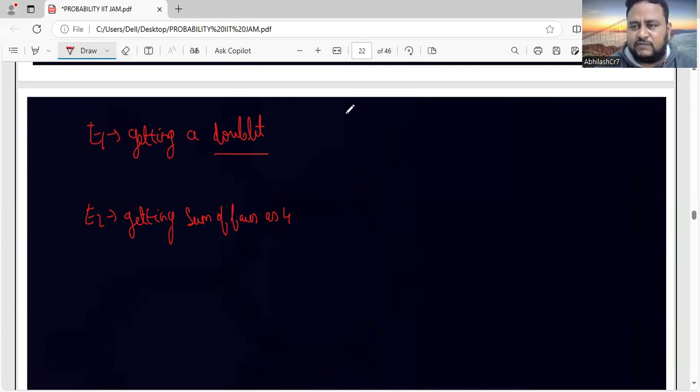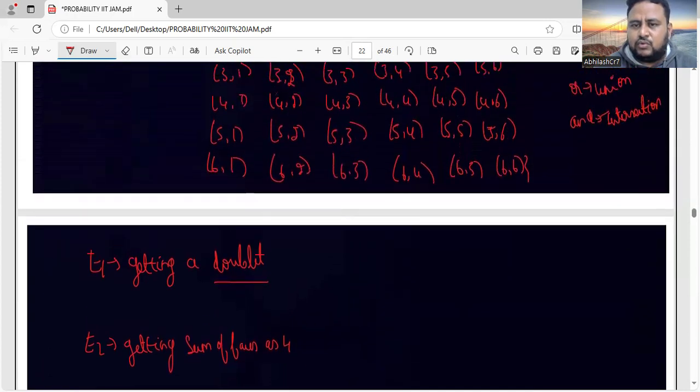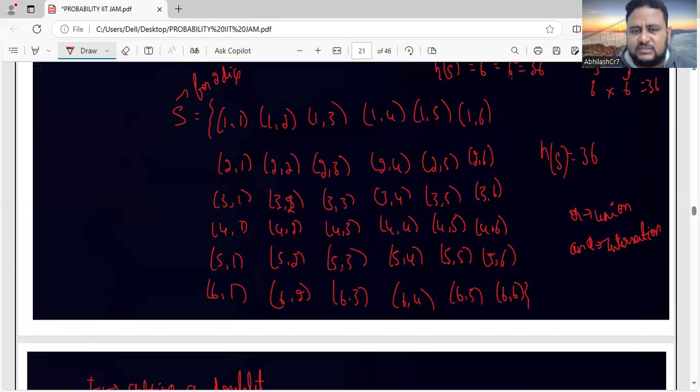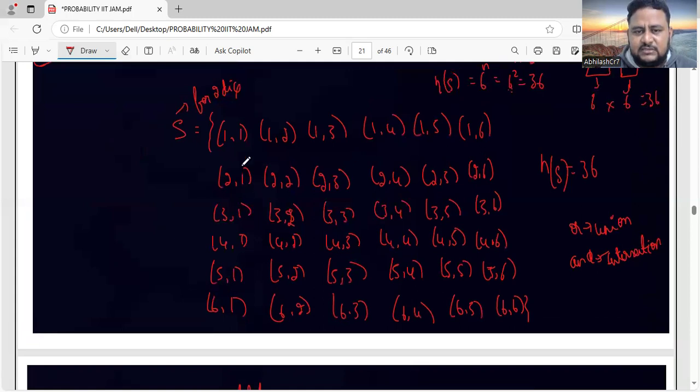Same number means 1,1, 2,2, 3,3, 4,4, 5,5, 6,6. See this diagonal, you are getting it. So how many are there? I can write it here.